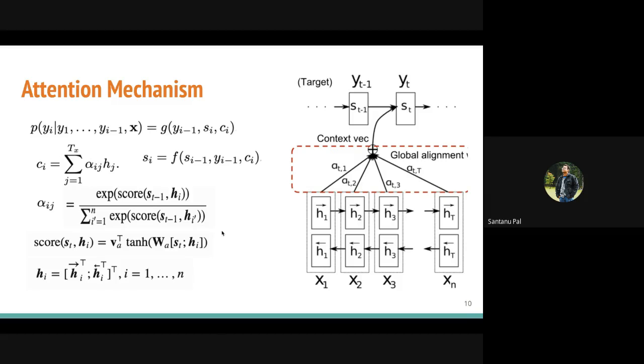Then finally this decoder state uses the previous vector information, the current context vector, and also the previous word vector representation, and this function will generate the decoder state. Based on this decoder state, the next probable word will be generated in sequence.